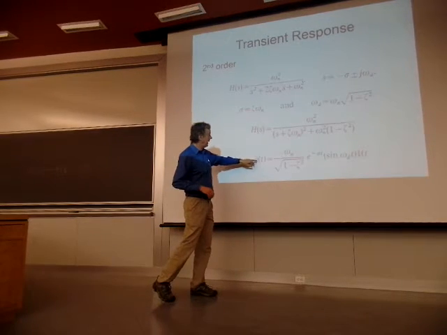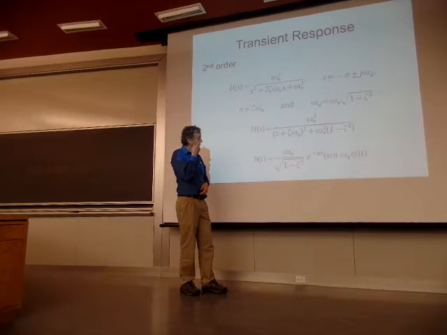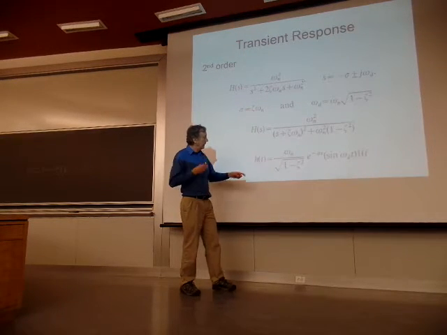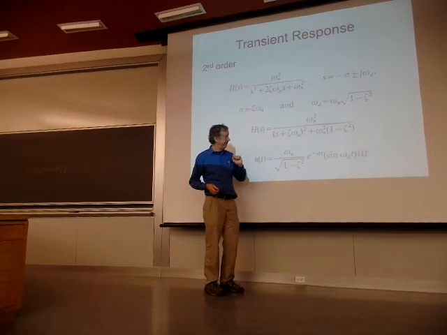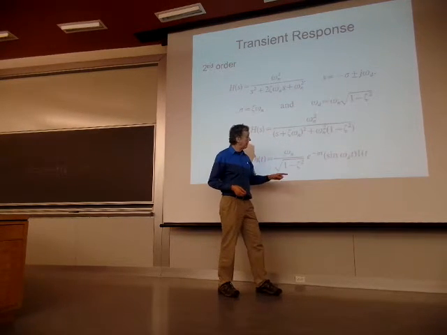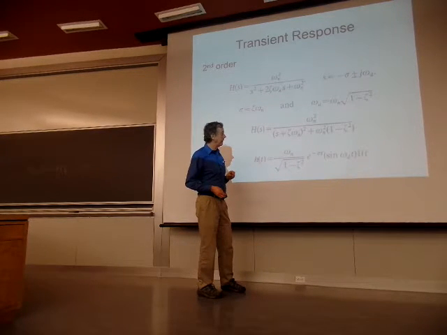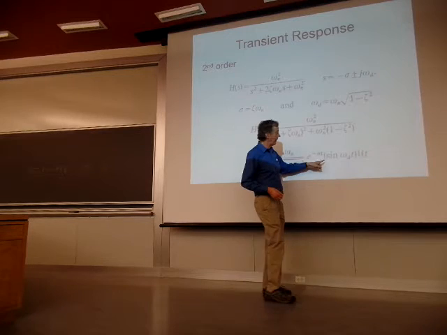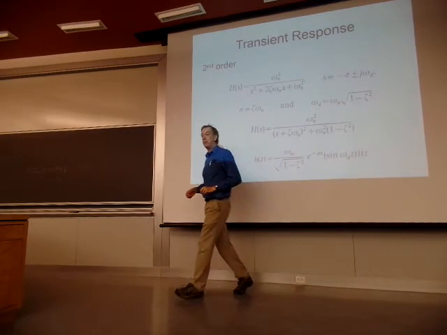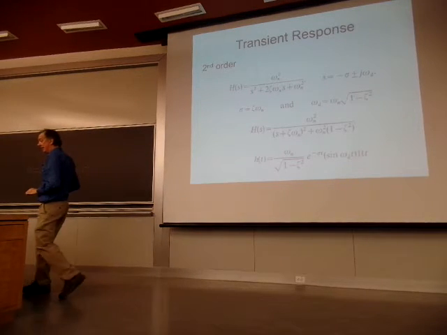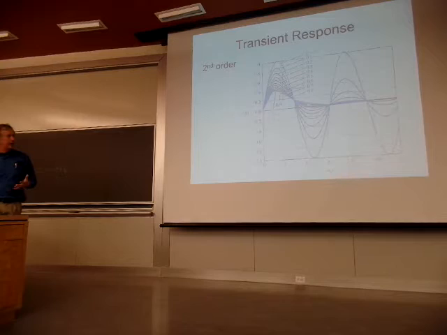I can rewrite this and solve for it. The time solution for the homogeneous solution, or impulse response rather, is a constant times an exponential. Notice the exponential decays according to the real part, and there is a sinusoidal part at the frequency of the imaginary part.